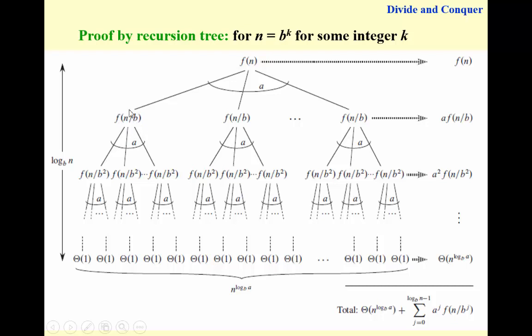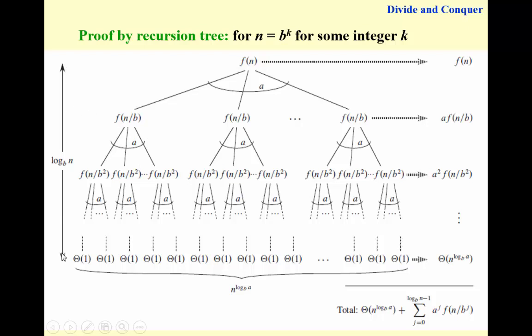And then that T of n over b will be replaced by f of n over b plus another a branches. And we just keep going like this. Keep dividing n by b until we get a constant at the bottom level. So everything is just similar to what we have done in the previous examples, right?